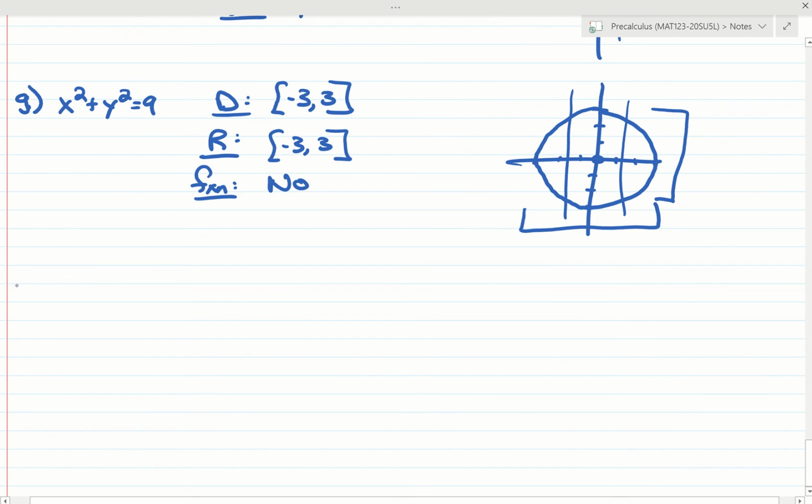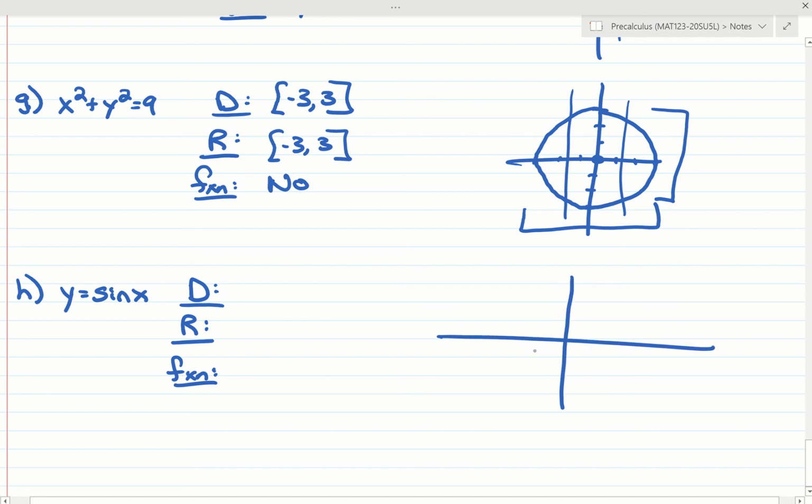We'll see one more. Soon we'll be talking about trigonometry. And in trigonometry, we have the graph of what's called sine. I don't expect you to know this right now, but let's just look at the graph of sine. It'll look something like this.